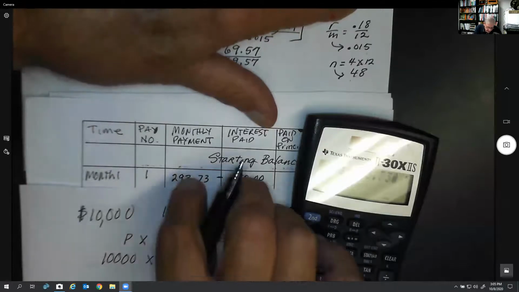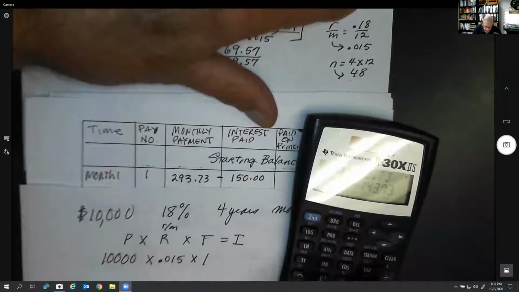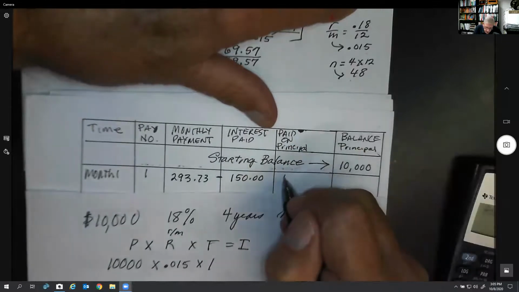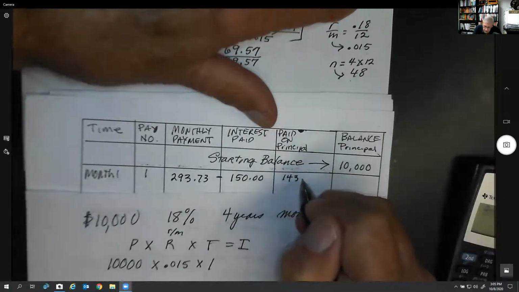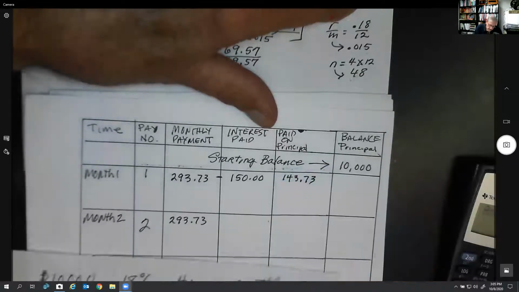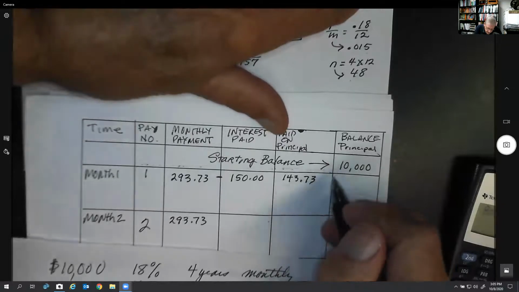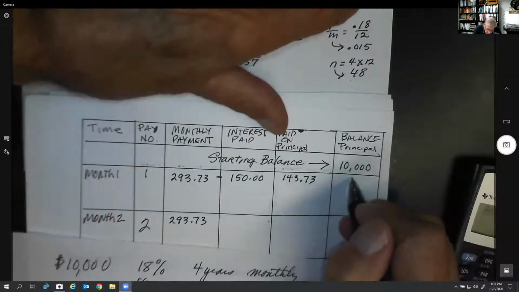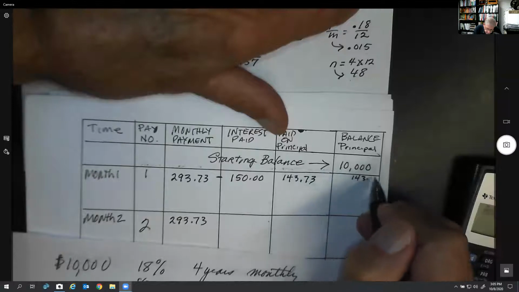But you could put this in first, and then the 150 comes out to 143.73. So now I'm going to take this amount and write it right down here. I'm going to subtract that from the 10,000.